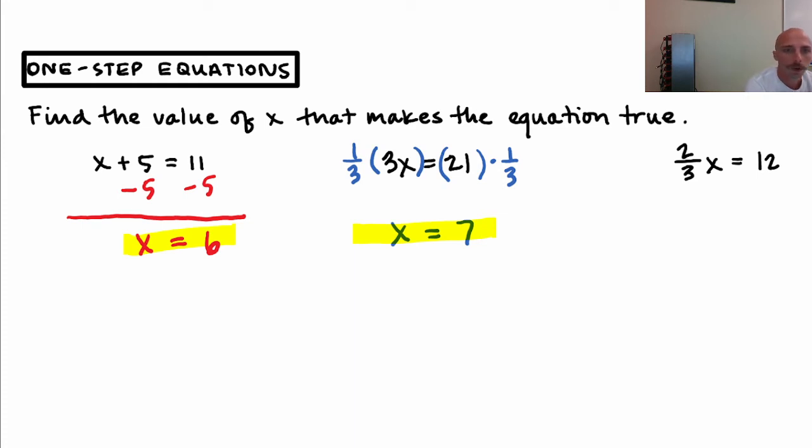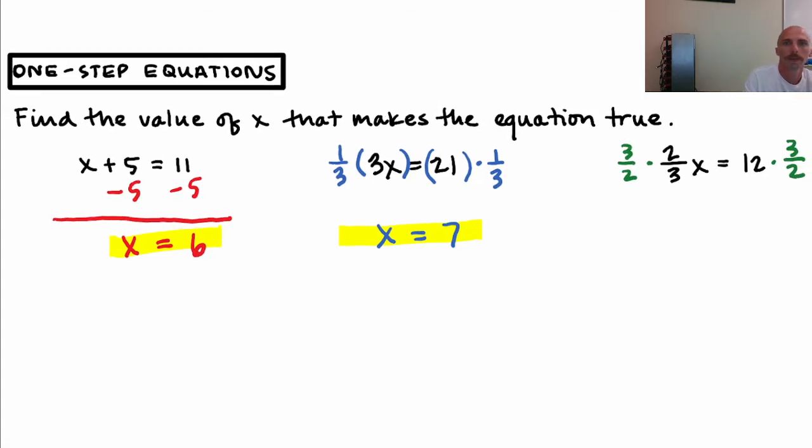Now on this third one, we've got 2/3x. So we need to get rid of that. We need to get 1x. So I think about what number I can multiply 2/3 by to get 1, and that would be 3/2. So I'm going to multiply both sides of this equation by 3/2. Let's see, is that still visible to you? Just barely, so maybe we can rewrite that over.